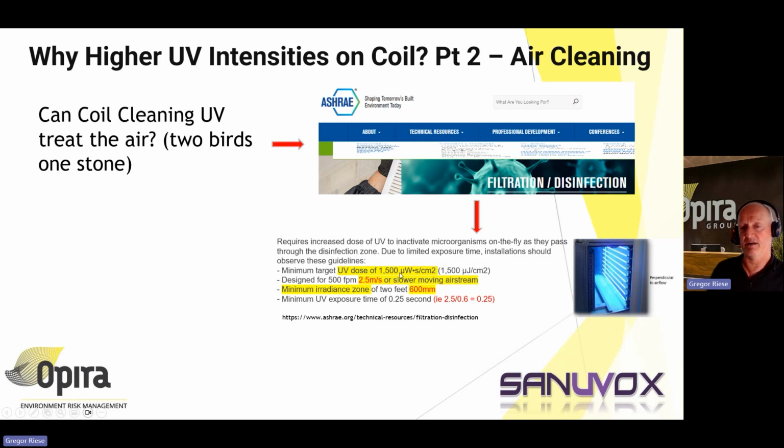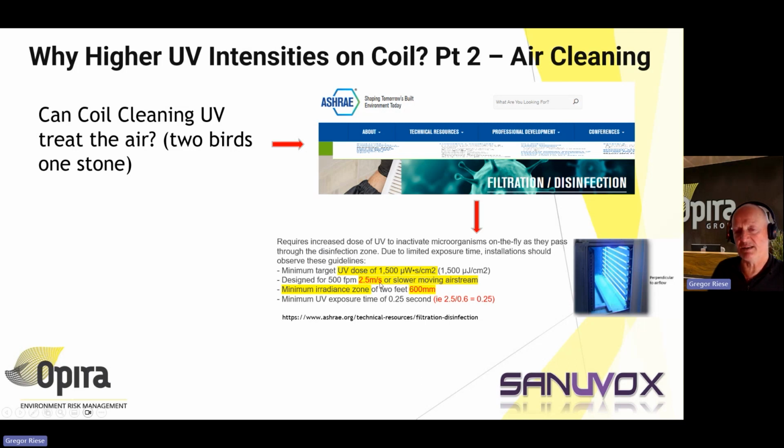They recommend 1,500 microwatt seconds per centimetre squared, which is actually 1,500 microjoules per centimetre squared. That's a dose. And if you can get that sort of dose on the air moving through a coil, then you will achieve a degree of disinfection, an unspecified degree of disinfection of COVID-19.